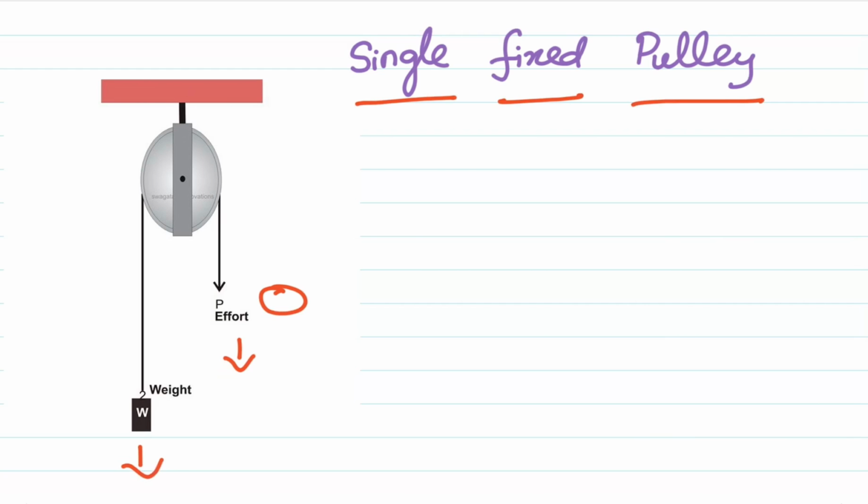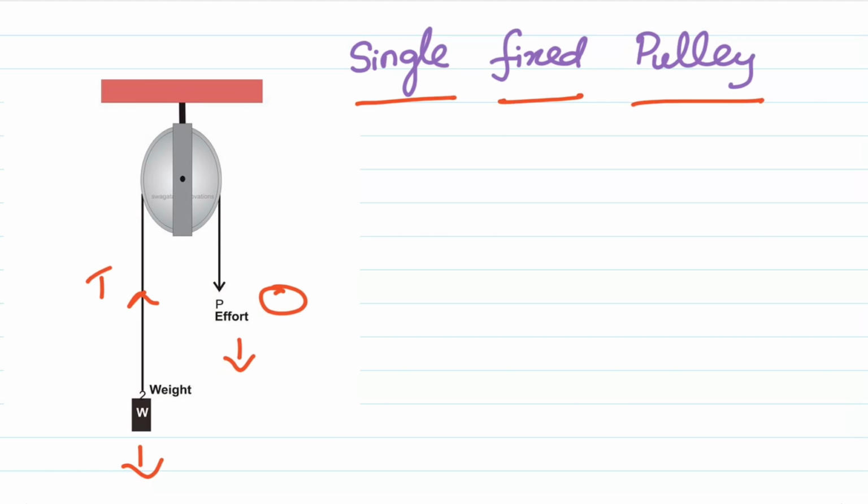When the string is pulled downwards by applying the effort, the load L moves upwards. So the tension T is developed in the string in the upward direction. In the segment of the string where the load is suspended, the tension will be acting in the upward direction.